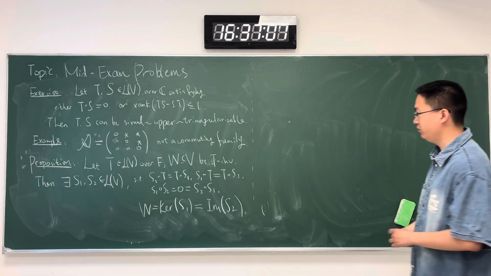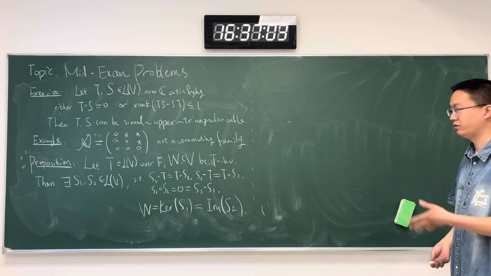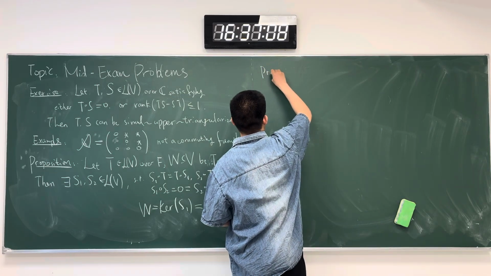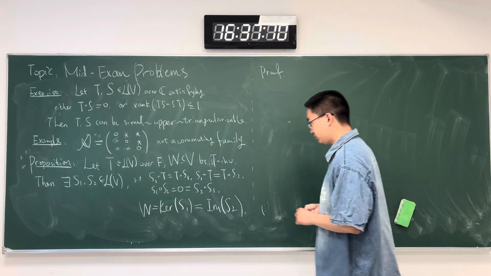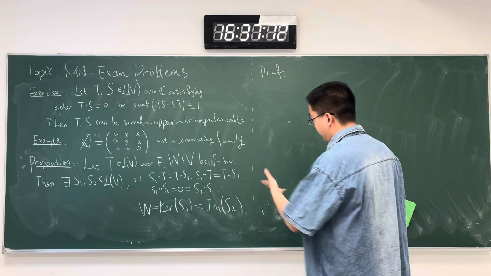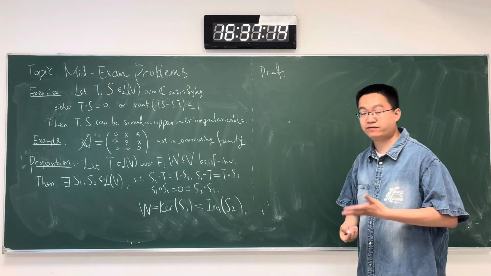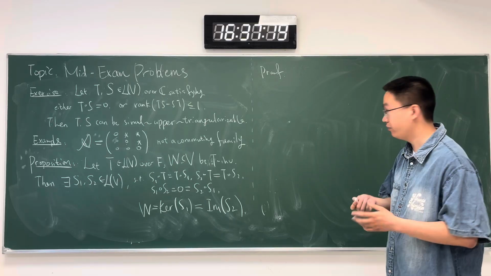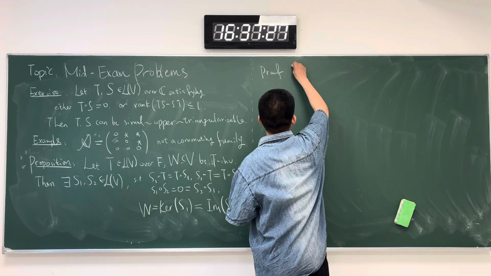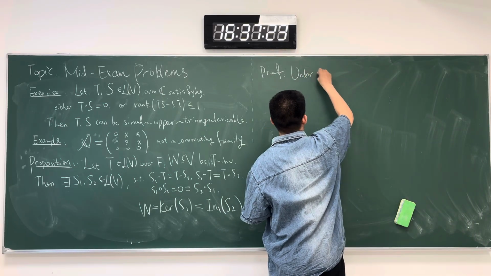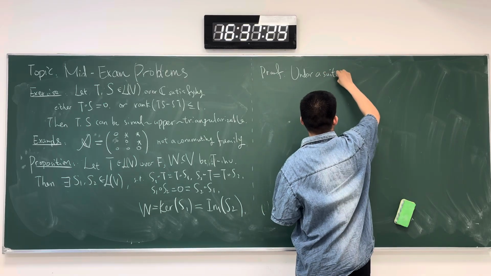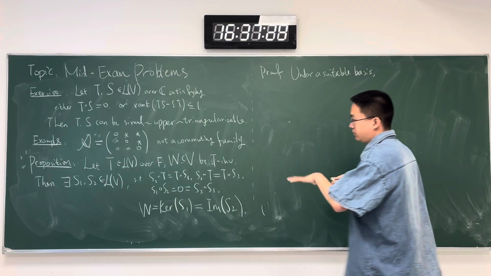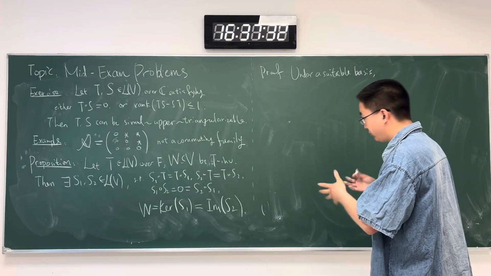I would like to give you an explicit construction of such S1 and S2. So, since W is T-invariant, we may find a basis of V such that T is of the block upper triangular form. So, under a suitable basis, we may represent all these linear transformations in matrix form.